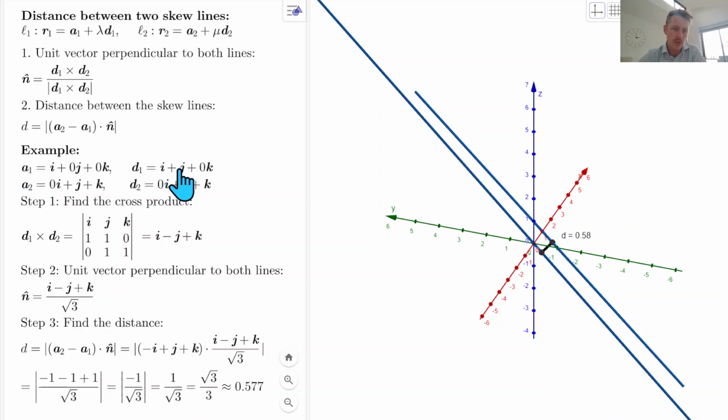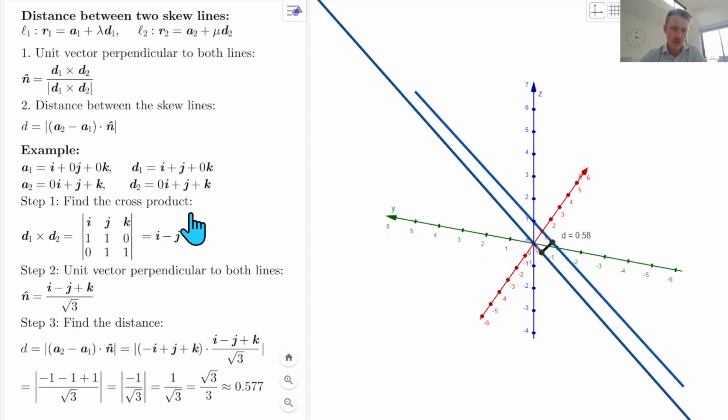So if you've got these two vectors, if we wanted to know the distance between the two skew lines, we need to find the cross product of the two direction vectors. It will give you i minus j plus k. Step 2 is that the unit vector is perpendicular to both lines, so we need to find the unit vector n.